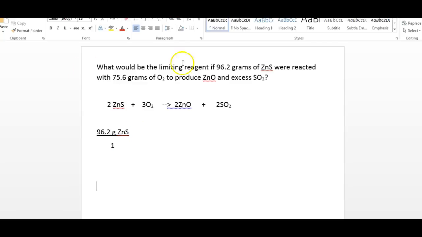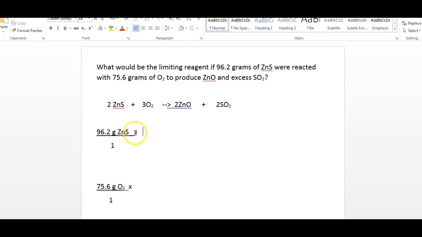We've got the next one, 75.6 grams of oxygen, O2. Okay, so we've got those written down, and now we just need to convert these into moles.